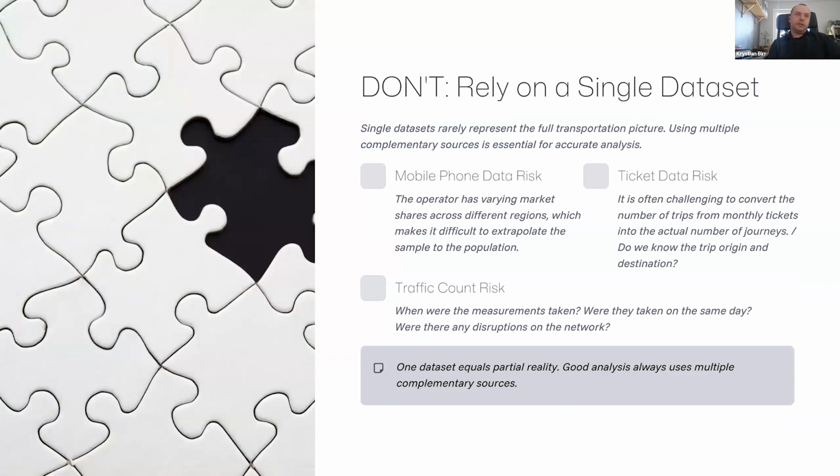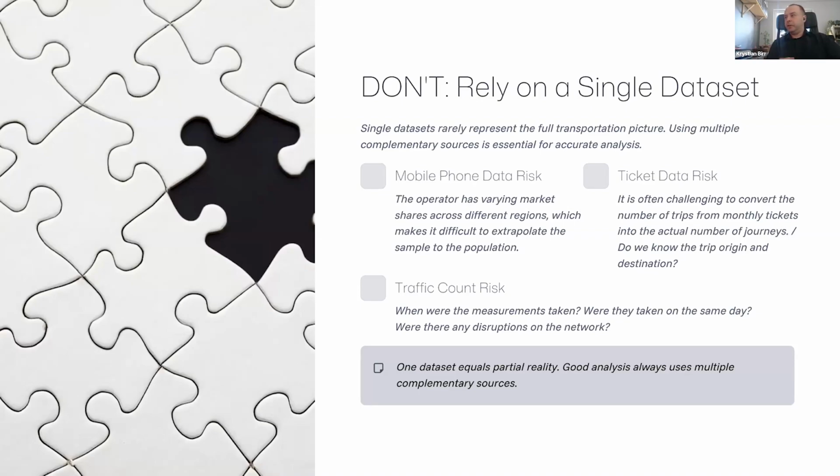So I would like to emphasize that we should not rely on a single data set. As I showed you, it's a good idea to combine data and validate it with other sources, because every source has some weakness.